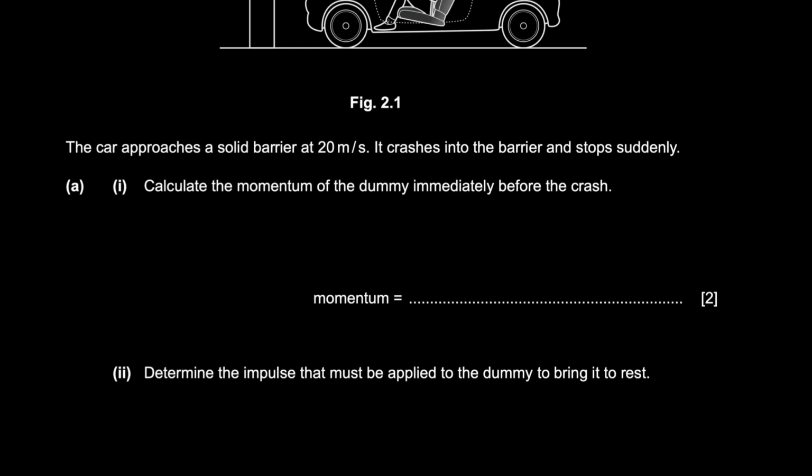The momentum before the crash is just mv. Not change, just this. The mass is 70, the velocity was 20. This comes out to 1400 Newton seconds or kilograms meter per second. Let's move on.